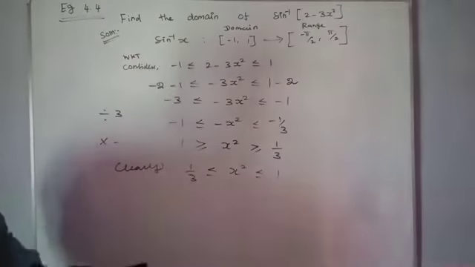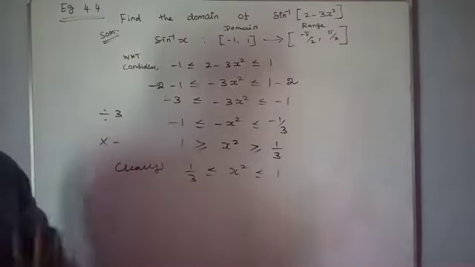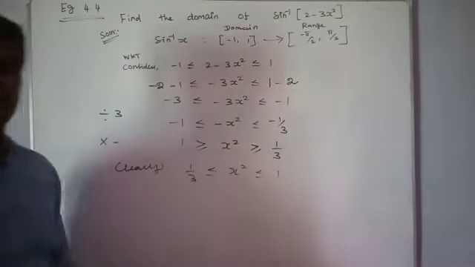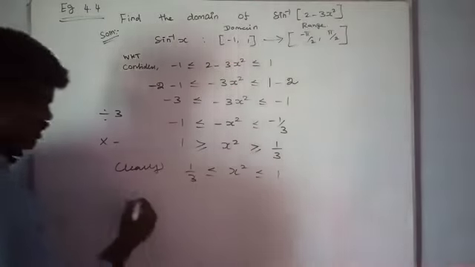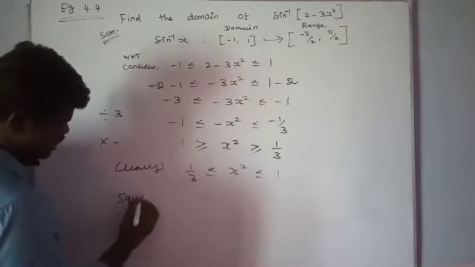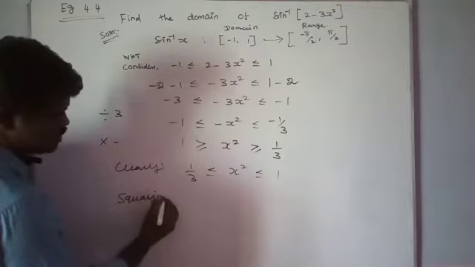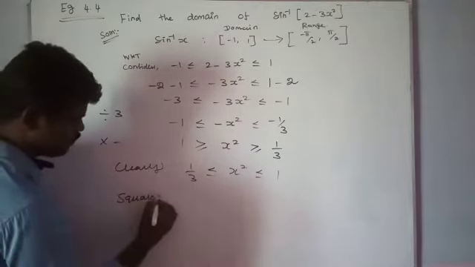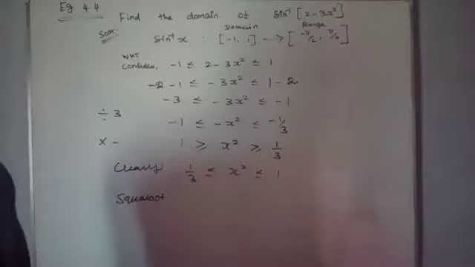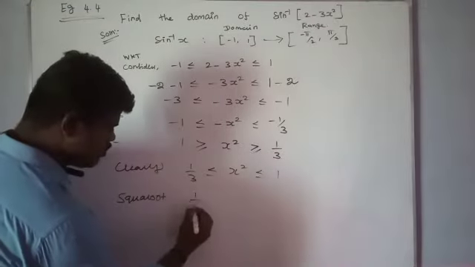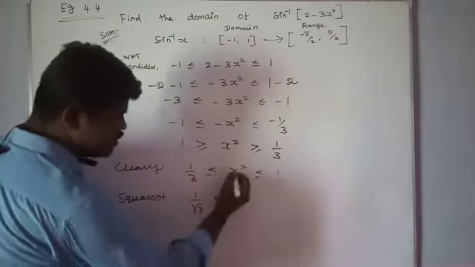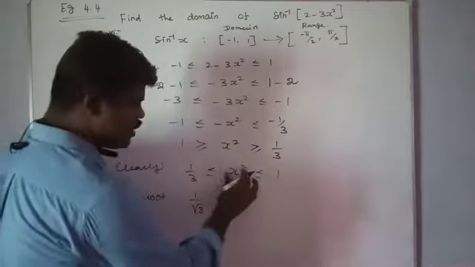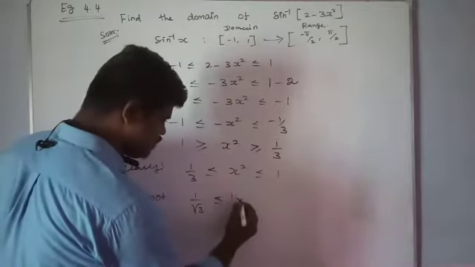We want to find the value of x only, and here x squared is there. Now take the square root on all sides. The square root of 1 by 3 is 1 by root 3, and the square root of x squared means modulus x.